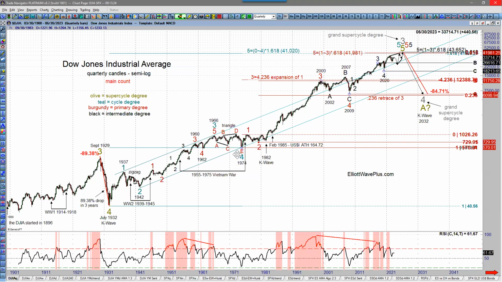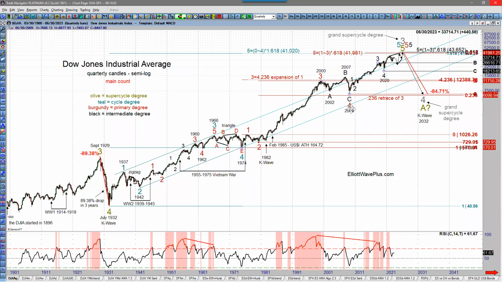In other words, this highly extended fifth wave up from the 1932 low, 1, 2, 3, 4, and then the extended fifth wave would be equal to 1.618 times the net traveled from the beginning of the pattern through the end of the fourth wave. So that is at 41,020. Very, very close, really, considering how long this chart is, goes back 100 years, to the wave 5 burgundy or primary degree target of 41,981.